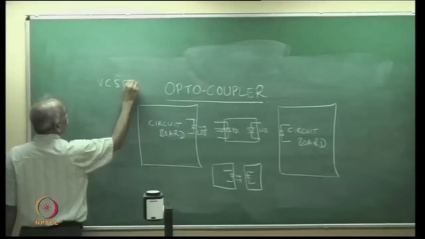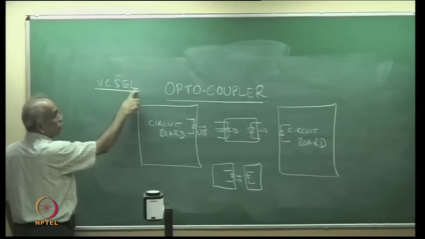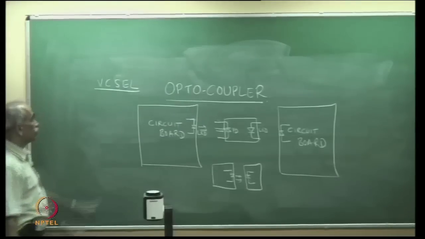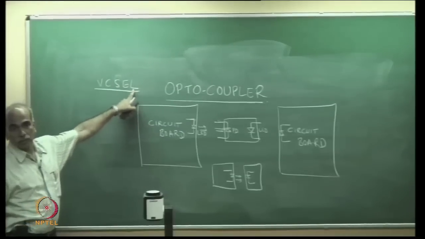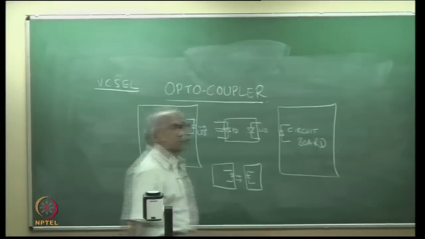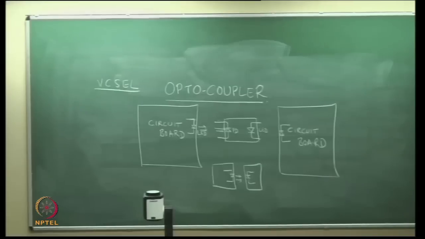VCSEL stands for vertical cavity surface emitting laser. You will study the vertical cavity surface emitting laser in the course. You can have a very large number of these devices on a single chip, monolithically integrated.